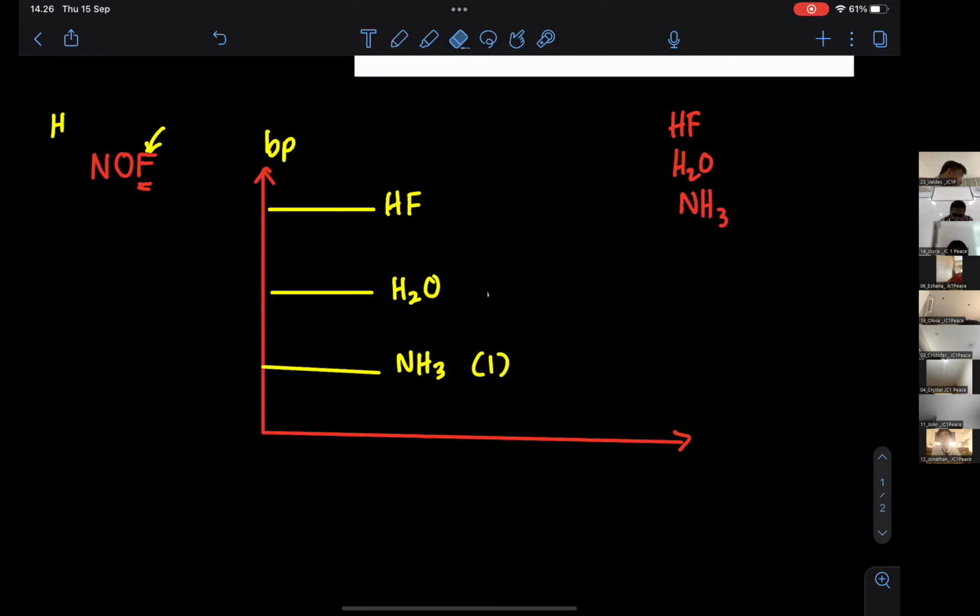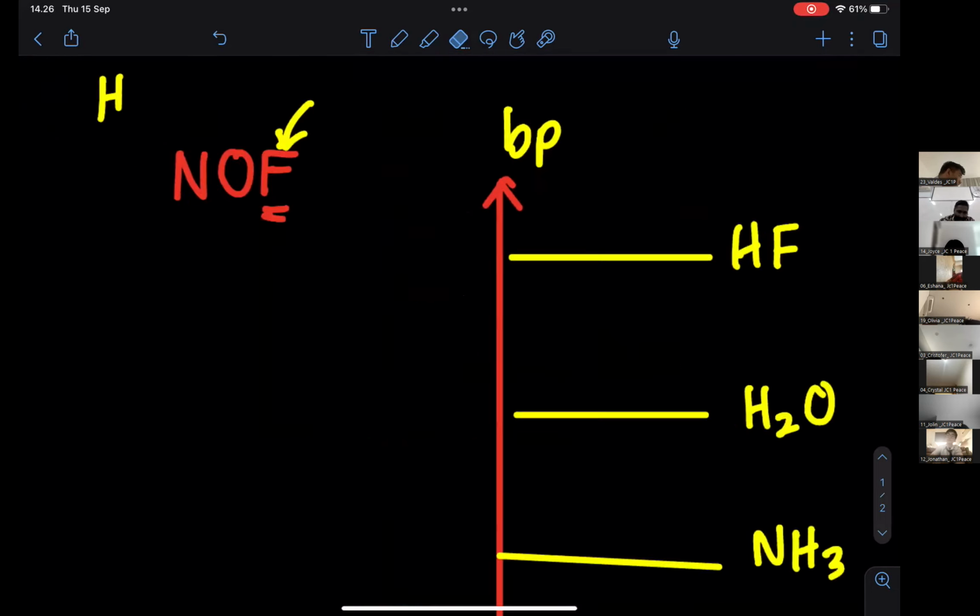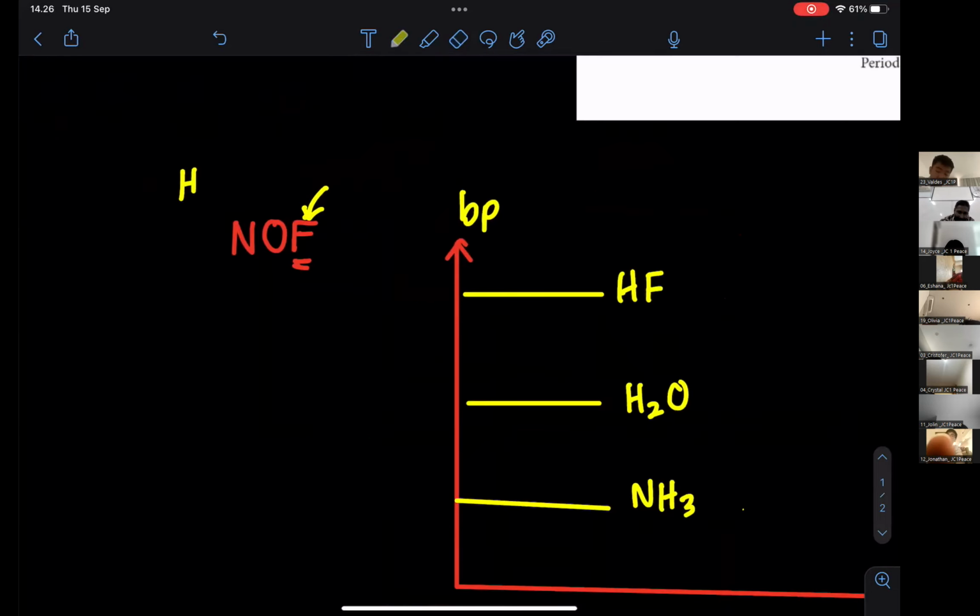Let's say if you have only one hydrogen bond, I give you a number: maybe 20 for ammonia, maybe 40 for water, and then maybe 60 for HF. It means generally it is increasing and getting stronger.